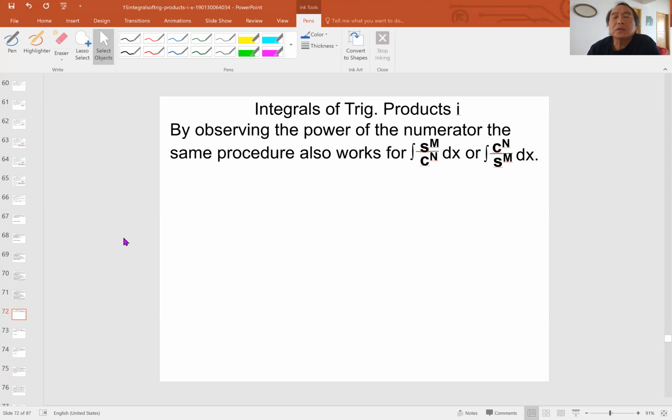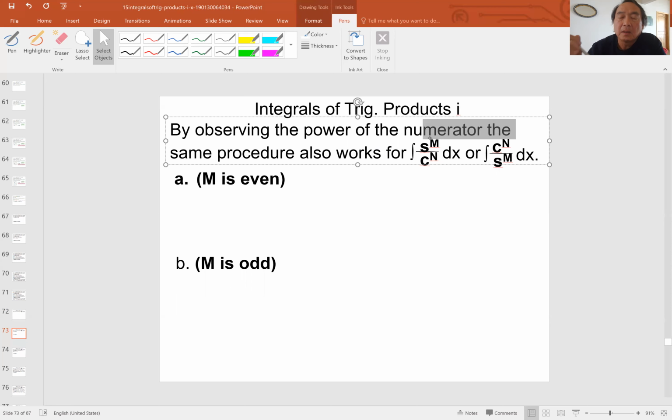Now, how do we do it if I have a fraction where one of them is on top and one of them is on the bottom? Well, it's similar. We look at the top powers. Over here, let's assume the top is the sine, so I'm looking at the power of sine, which is m.